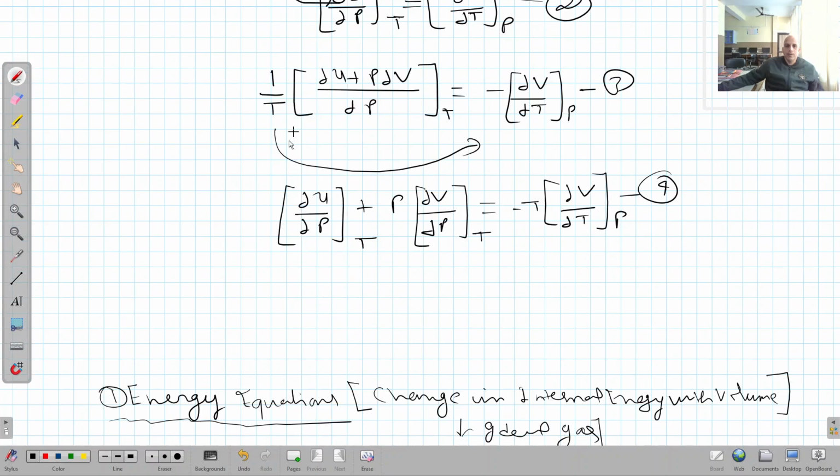So now we have converted this equation into (∂U/∂P) and (∂V/∂P) at constant temperature.